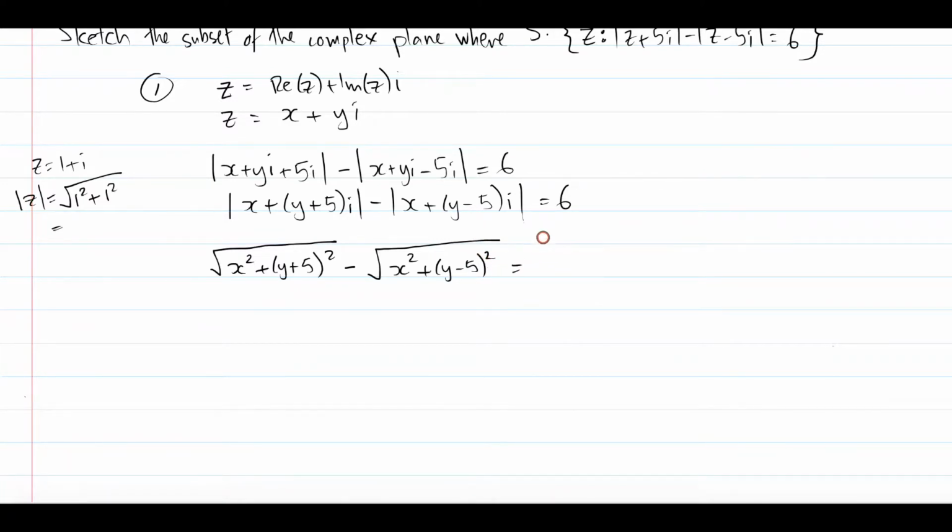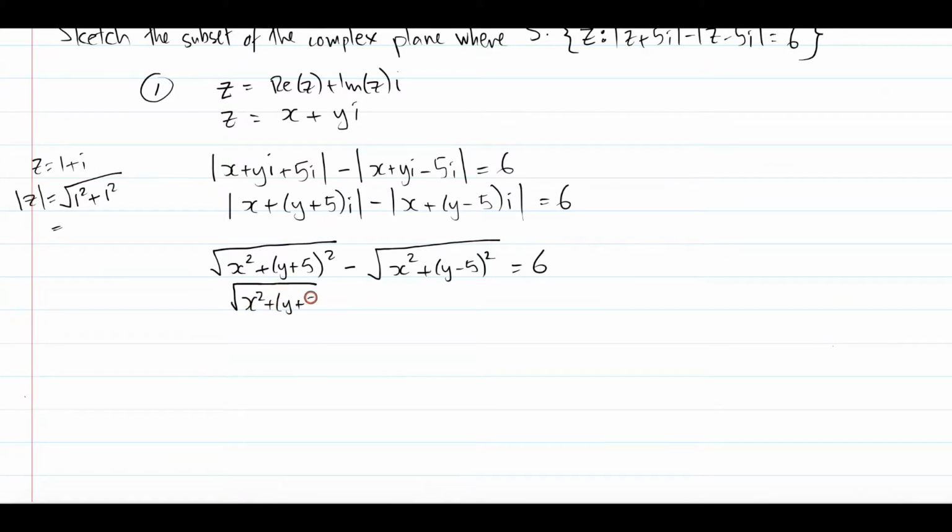And then what you can do here is just leave 6 over here. But afterwards, you can bring one of these to the right side, or you can square both the left-hand side and right-hand side to get rid of the square root. So there's many ways you can branch out, but preferably what I like to do is bring one of them to the right side, because that means less work, and you'll see why.